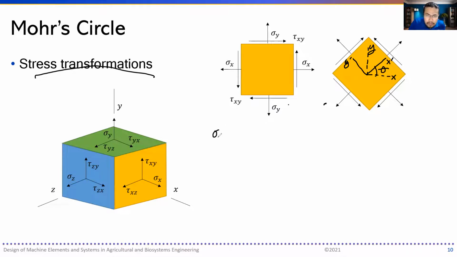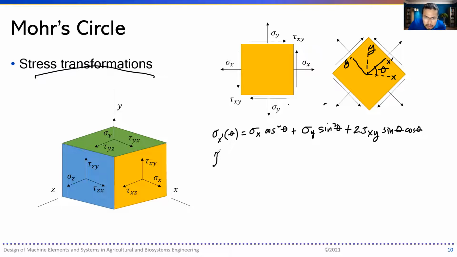So we have the transformed normal stress along the x prime with respect to theta: it's the original sigma x times cosine squared theta plus sigma y times sine squared theta plus 2 times the original shear times sine theta cosine theta. That is now the transformation.